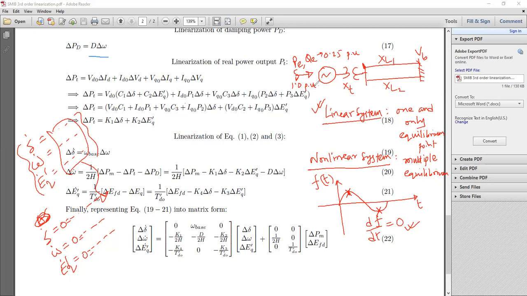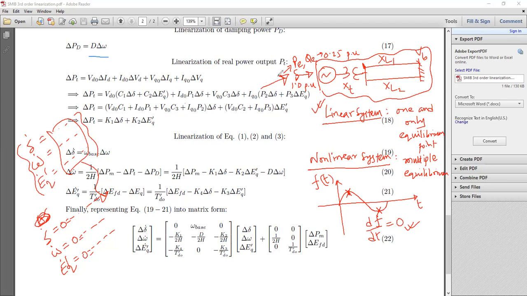So to supply PE equals 1 per unit and QE equals 0.25 per unit, what would be the values of the other remaining variables internal to the system, the variables which are not specified? You have to calculate those values, and we did it when we calculated the initial condition for this model.